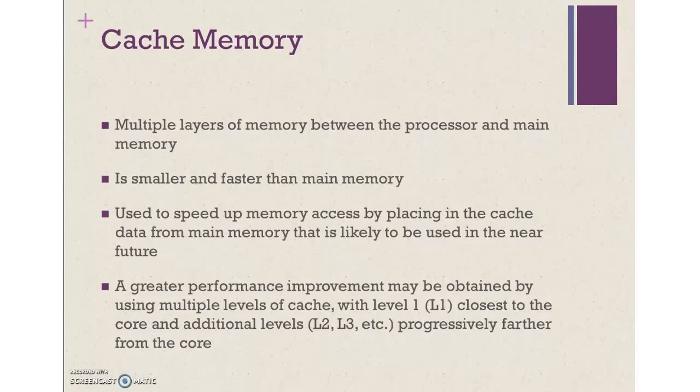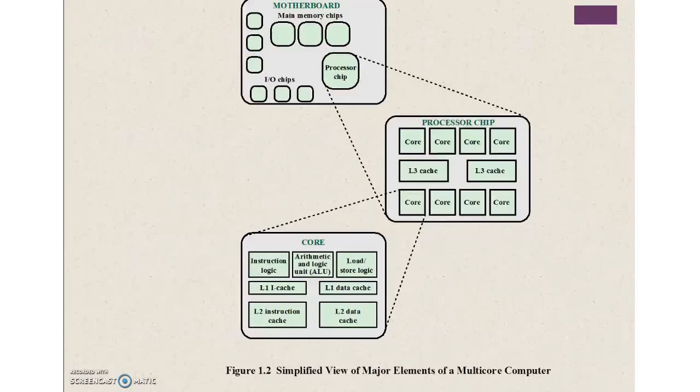Another significant feature of modern computers is the use of multiple layers of memory, called cache memory, between the processor and main memory. This part will be explained later in chapter 4, but in brief, cache memory is smaller and faster than main memory, and is used to speed up memory access by placing in the cache data from main memory. This figure is a simplified view of the principal components of a typical multi-core computer.